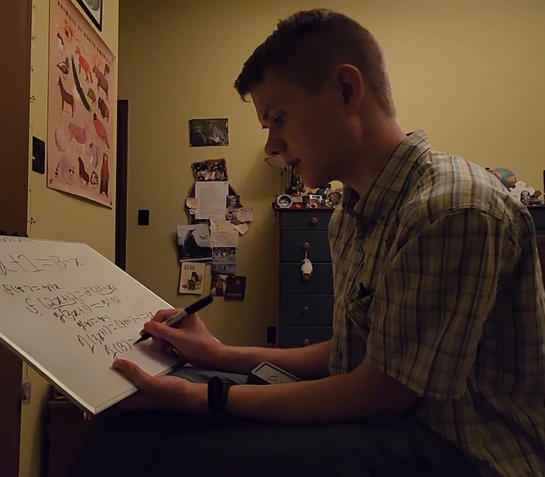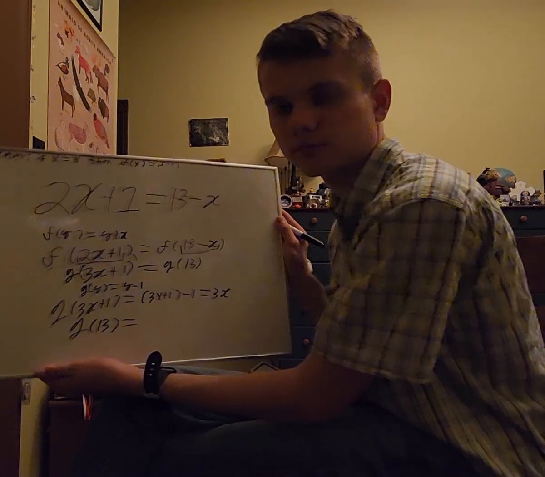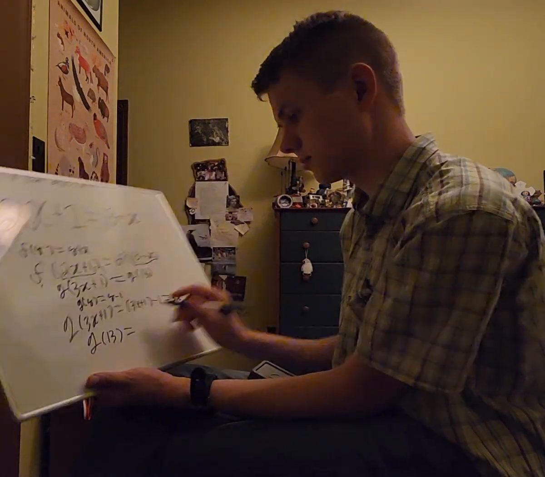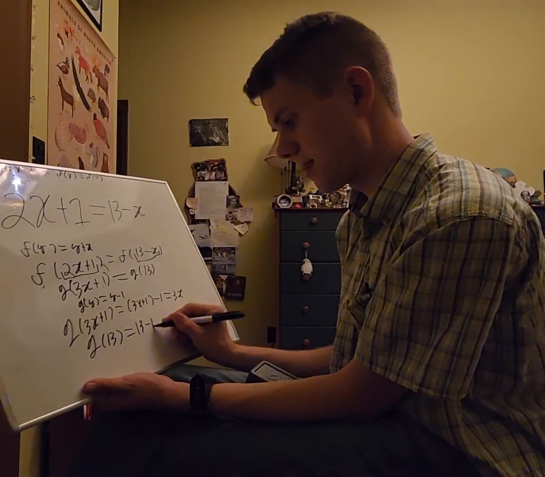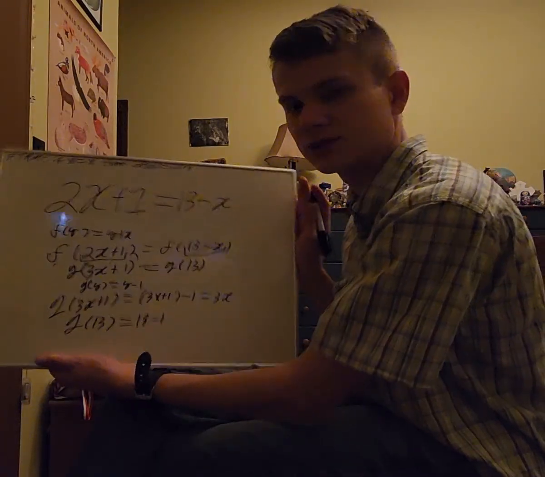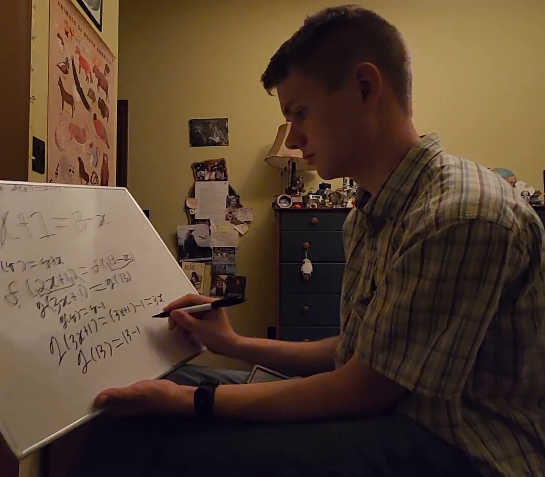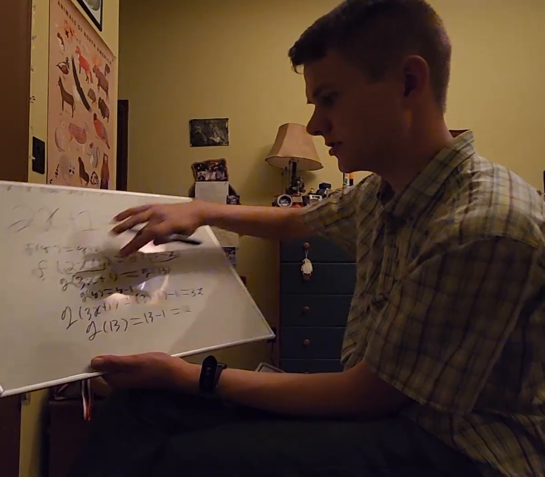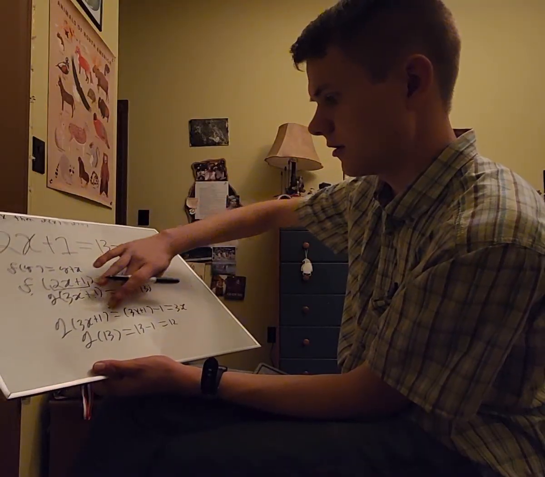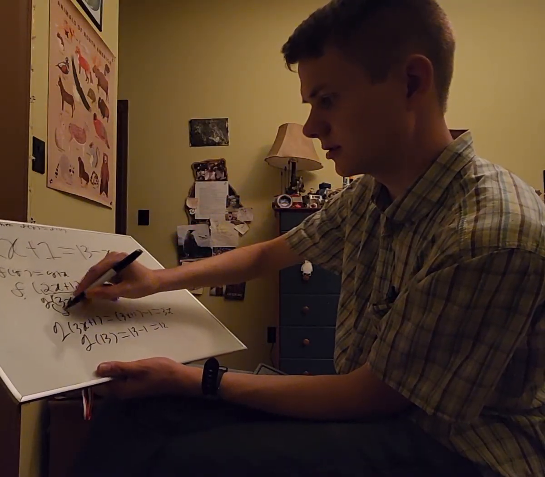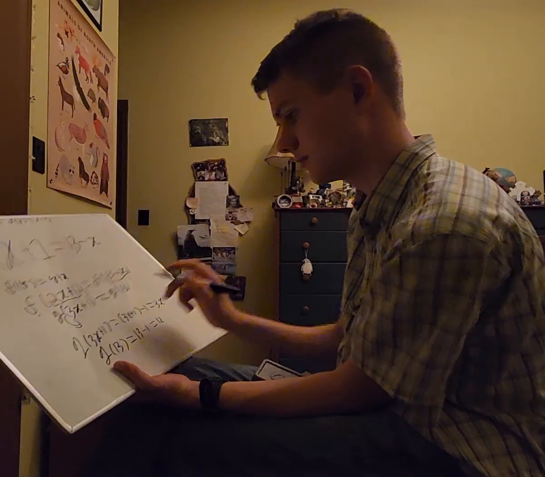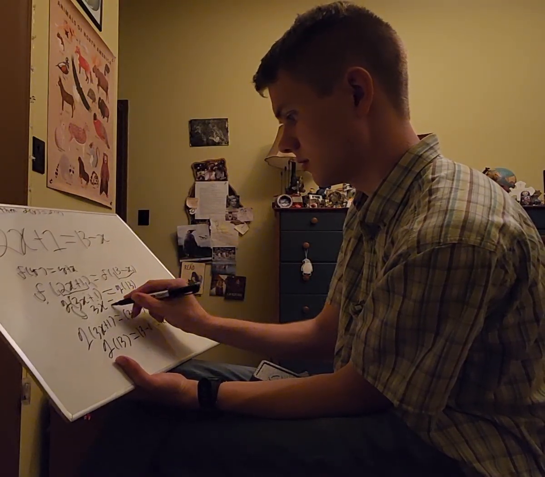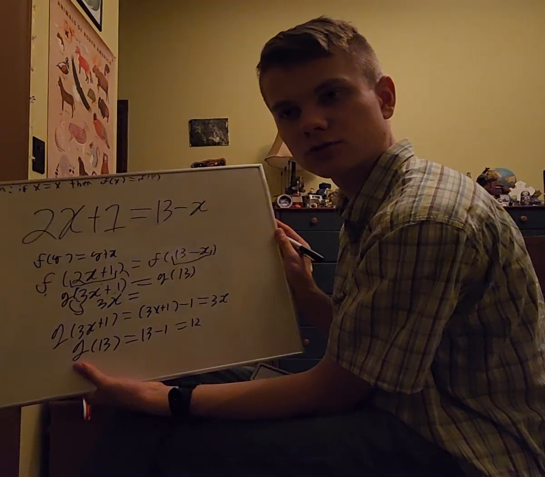Well, y is 13, so it's 13 minus 1, and 13 minus 1 is 12. So that means g(3x plus 1) evaluates to 3x, and g(13) is equal to 12.